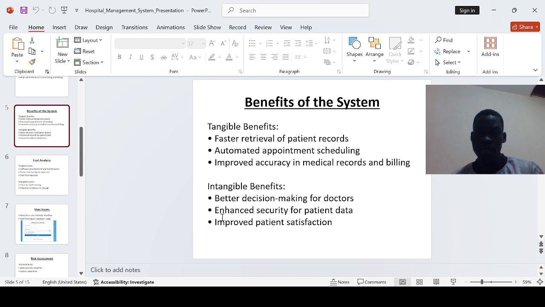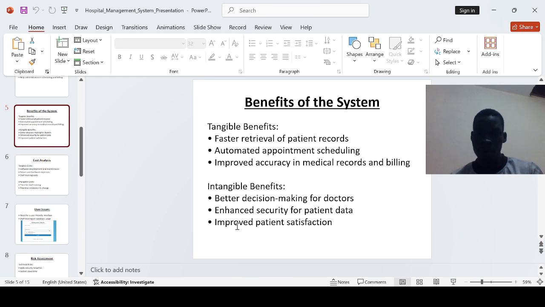And then there is enhanced security for patient data via provisions like entering a password before interacting with the system, such that each of these patients is recognized with their own password.